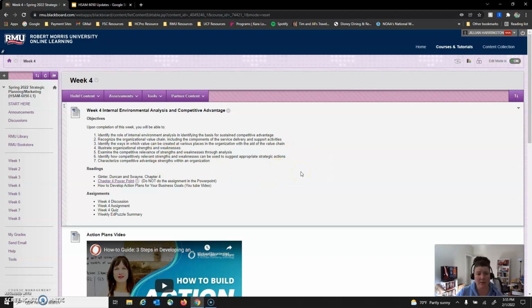Remember when we started this 2 weeks ago, we started looking at external analysis. I had said most everyone knows about a SWOT analysis: strengths, weaknesses, opportunities, and threats. So our external analysis are those opportunities and threats. That's how the external world impacts us. The internal analysis is the strengths and weaknesses. So that's internal environmental analysis.